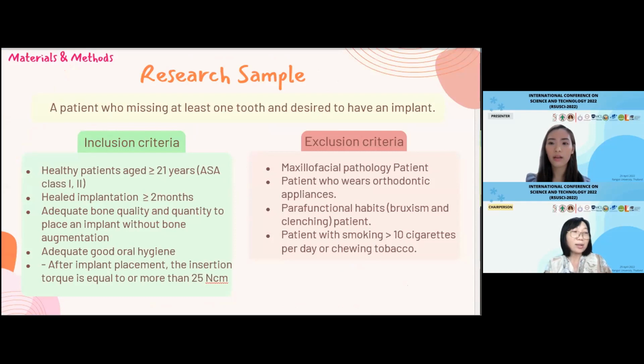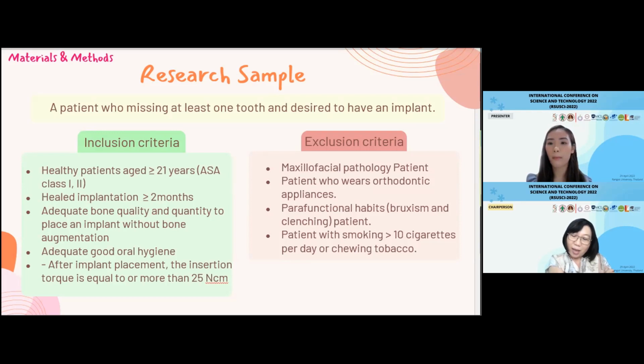Do you think the bone type will affect it? Yes, I think the bone type will affect it, but we need to study that further, because now it's only a pilot study, and we only studied the IFA and overall IFA.